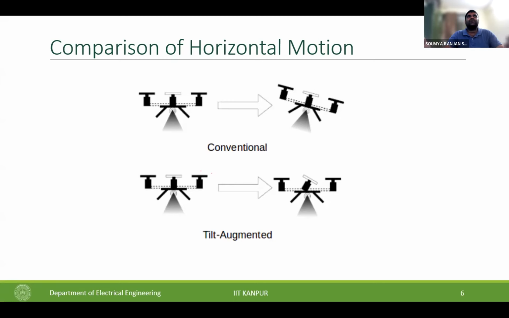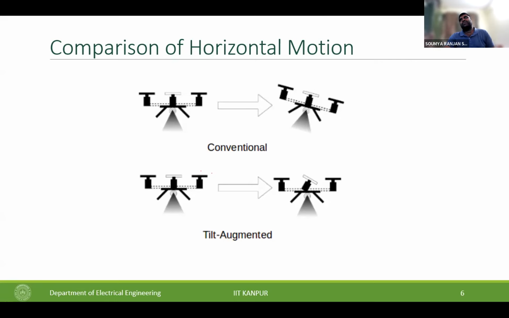So you need to correct your images accordingly. But with these tilt-augmented rotors, even if you are in motion, because of the tilt, you can still maintain attitude so that your view remains parallel to the ground and you need not make those corrections to the images that are received.